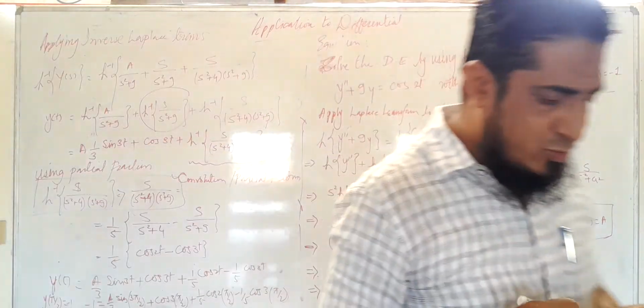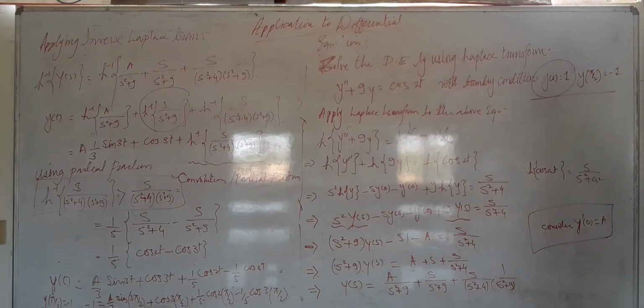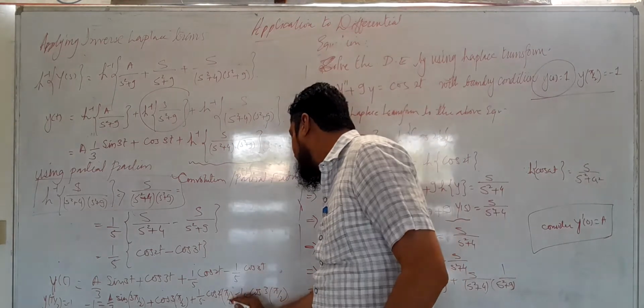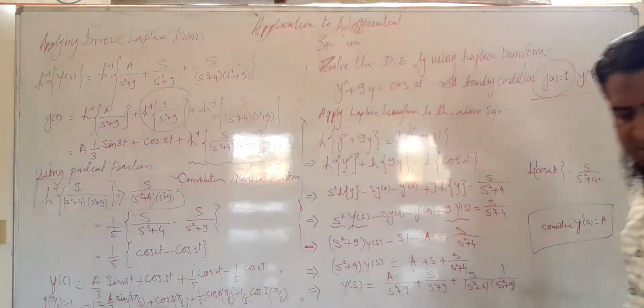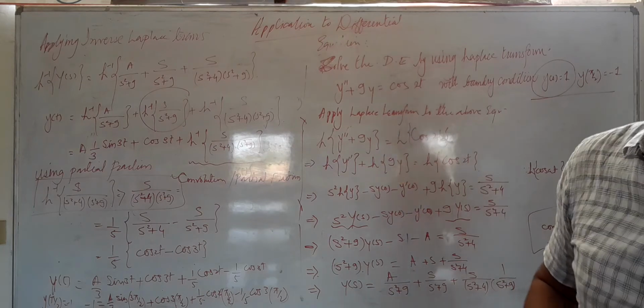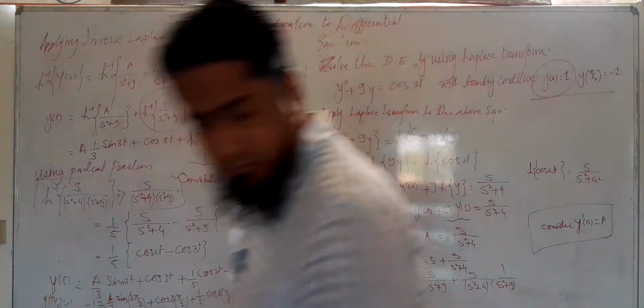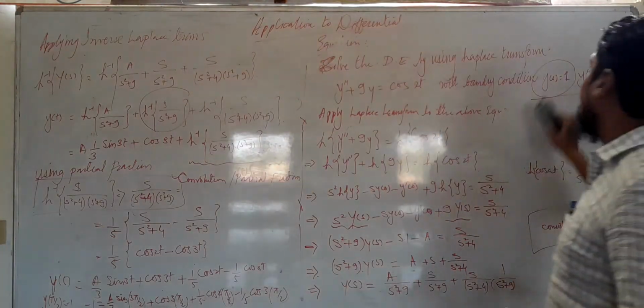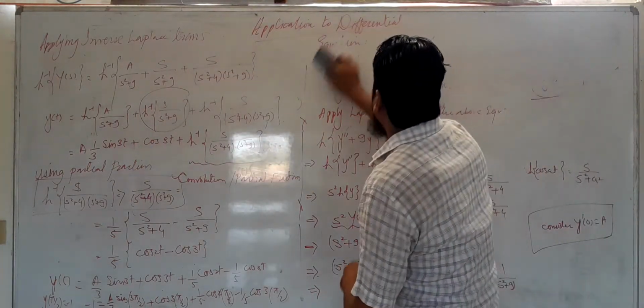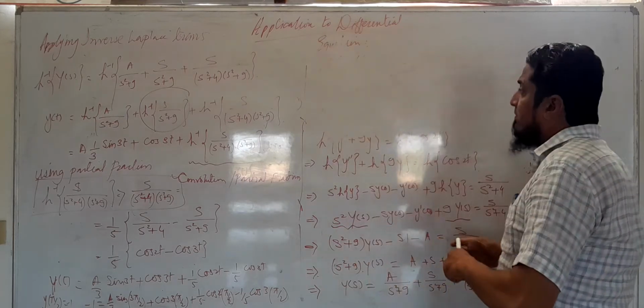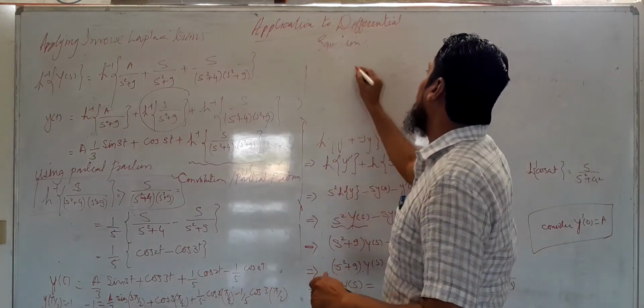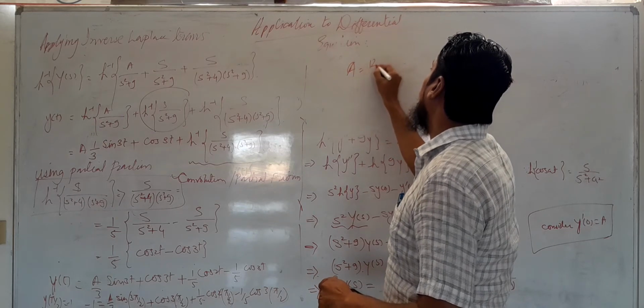Now putting the values of sin 3 pi by 2, cos 3 pi by 2, cos pi and cos 3 pi by 2, we will get a is equal to 12 upon 5. A is equal to 12 upon 5.